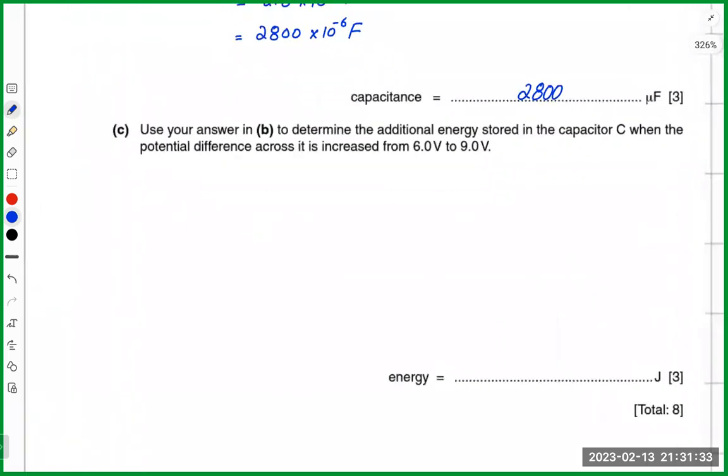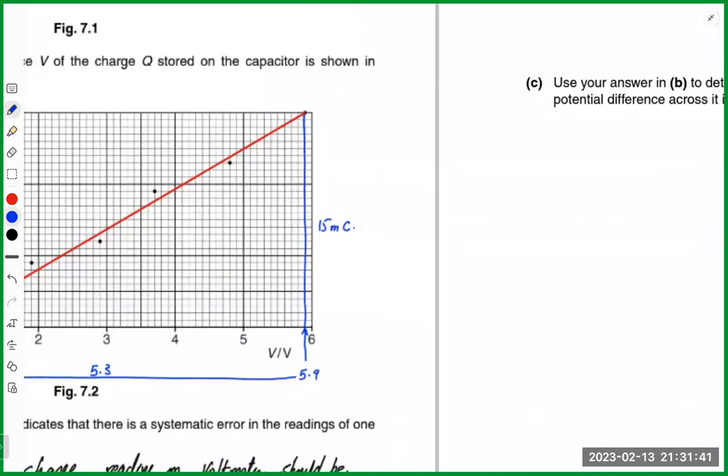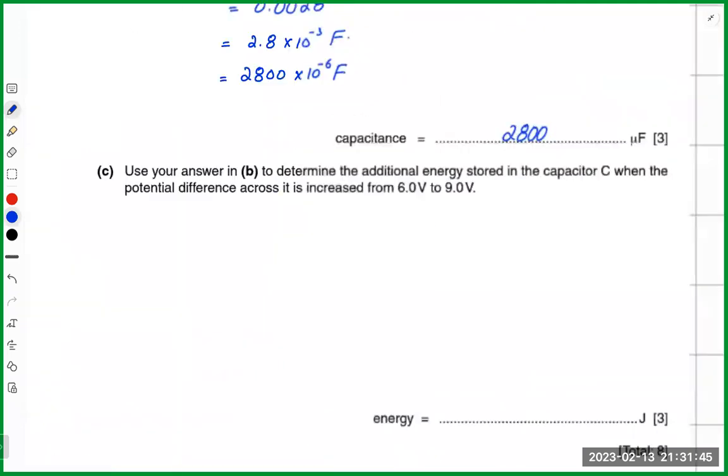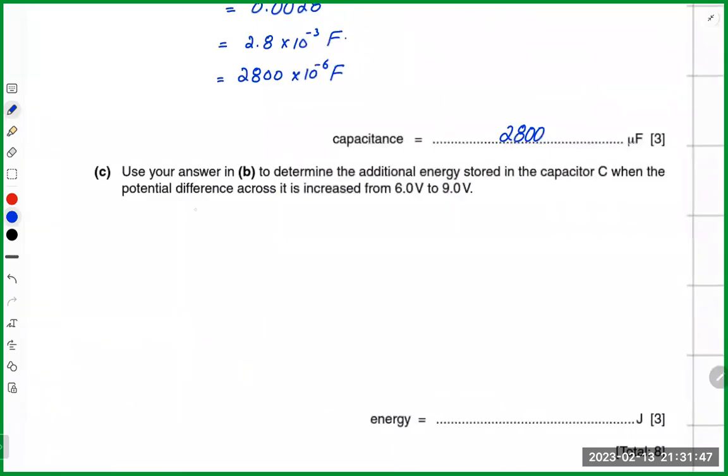Now, use the answer to determine the additional energy stored in the capacitor C when the potential difference across it increased from 6 volt to 9 volt. Okay, we cannot do it from the graph. So the energy formula is 1 over 2 CV square.